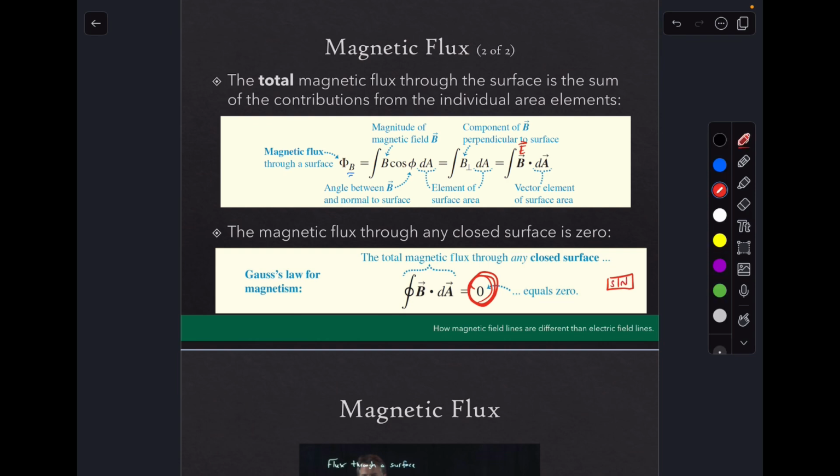If we have a magnetic object, and magnetic field lines flow into the South Pole and out of the North Pole, and we enclose that object in an arbitrary Gaussian surface, let's say a cube or a square or whatever, you're going to have just as many field lines pointing out as pointing into the surface. They will always cancel out.